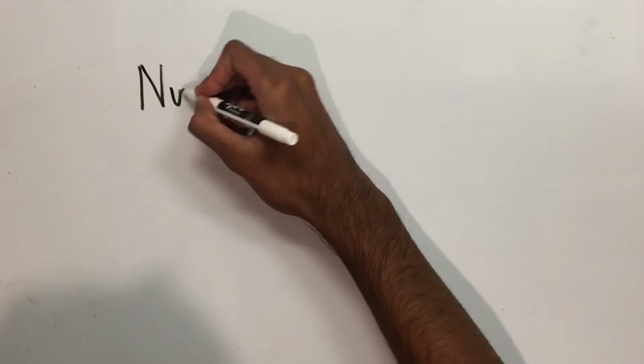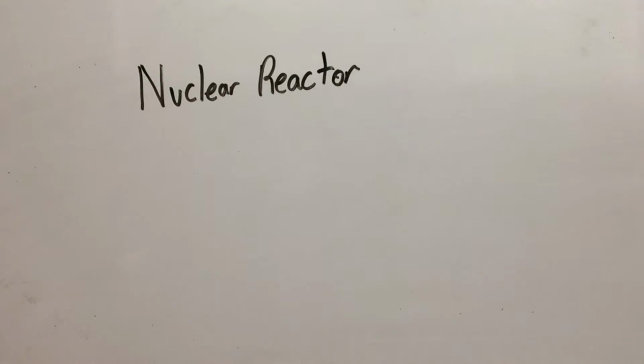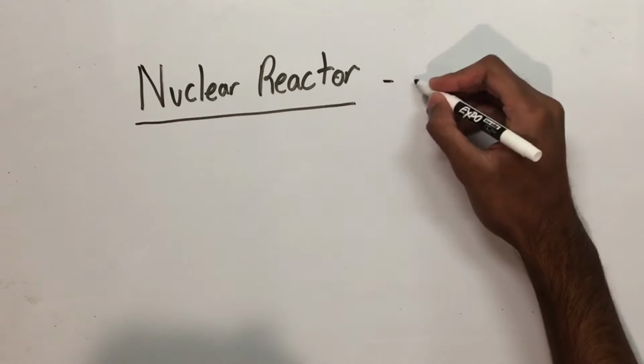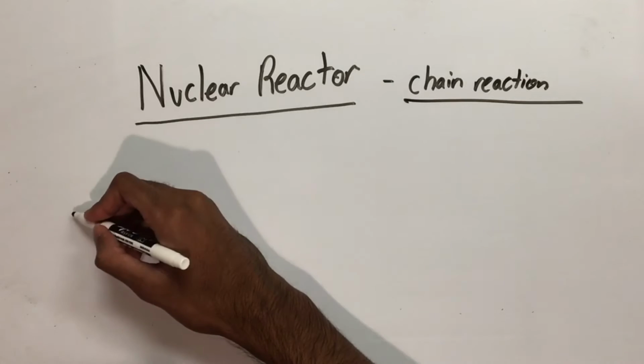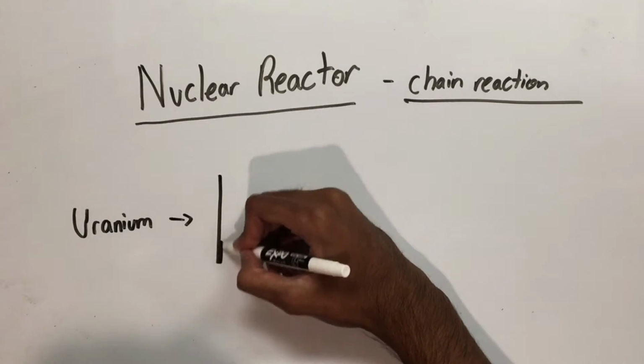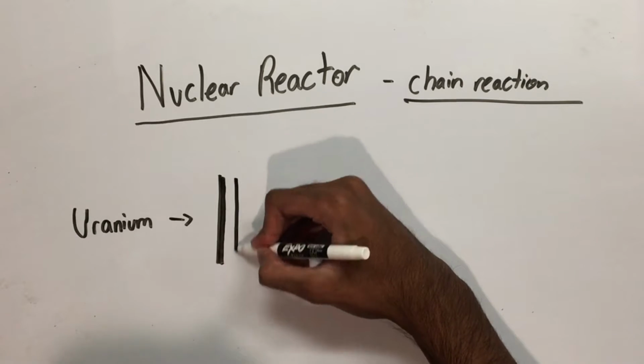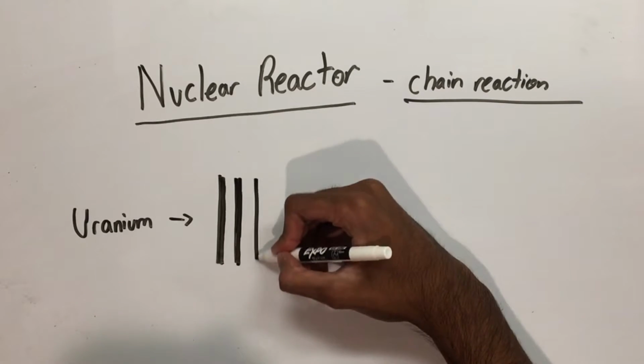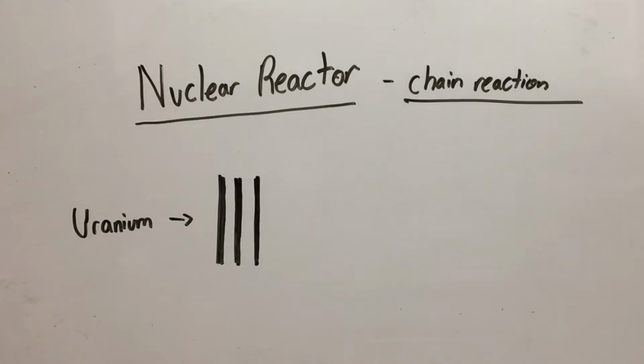In a nuclear reactor, a chain reaction is used to produce energy. After all, a single nucleus fissioning would not produce any significant amount of power. Uranium is purified and then made into rods. The uranium fuel rods undergo chain reactions when one atom is split by a neutron and the neutrons it gives off split other atoms.